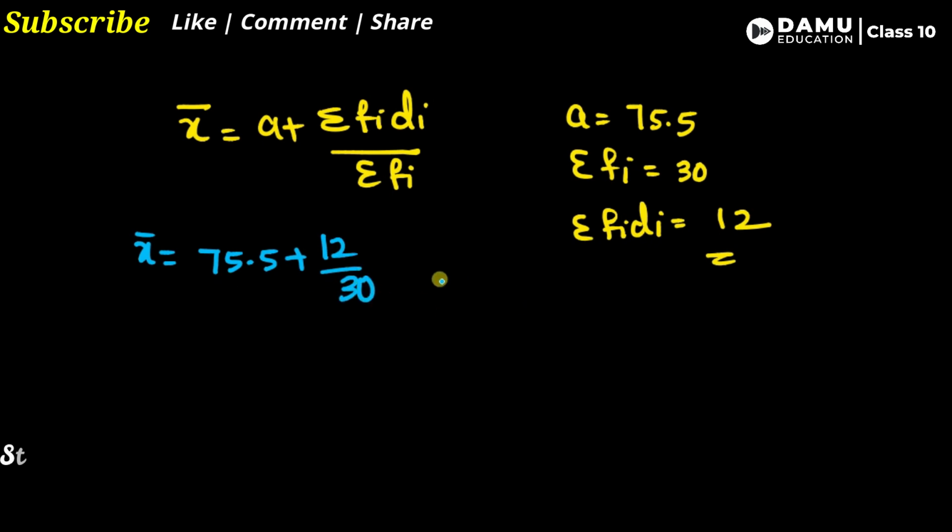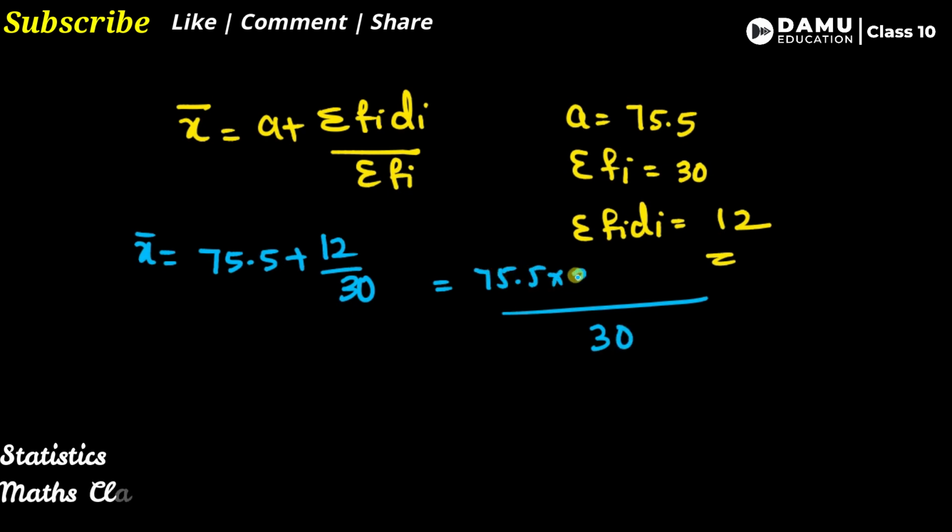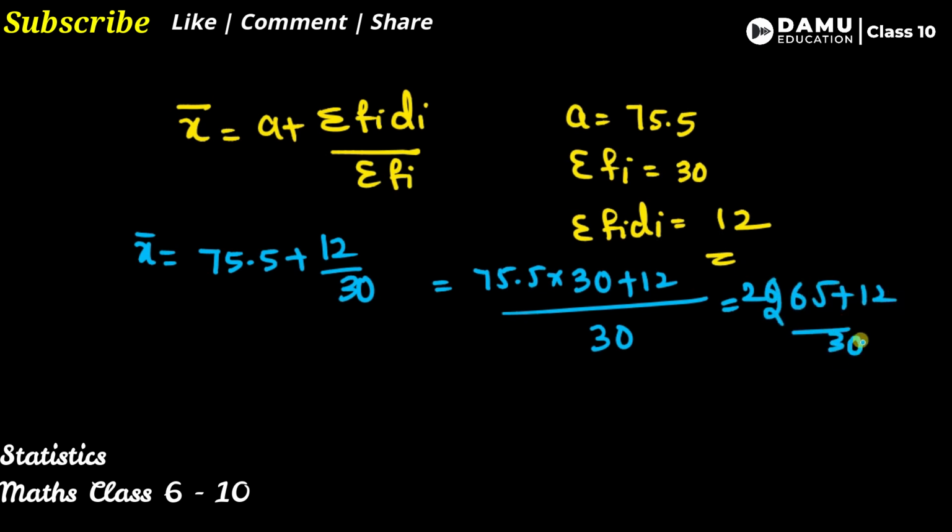Let's take the LCM and find it. So 30, then 75.5 into 30 plus 12. What answer will we get? 75.5 into 30 we will get 2265. 2265 plus 12 by 30. So adding 12, 2277 by 30.